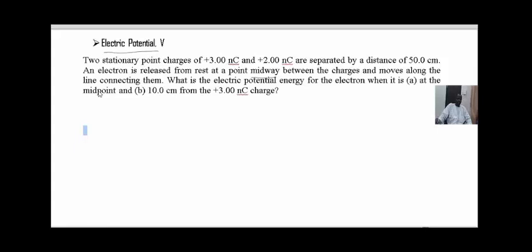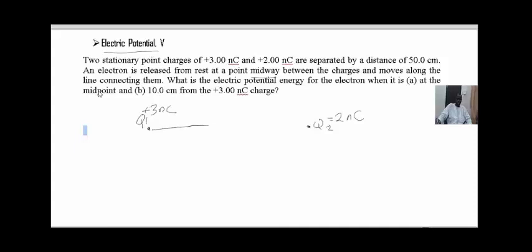So here we place the two charges. Here is our charge Q1, and here is our Q2. Q2 is 2 nanocoulomb positive, and Q1 is also positive, but it is 3 nanocoulomb.